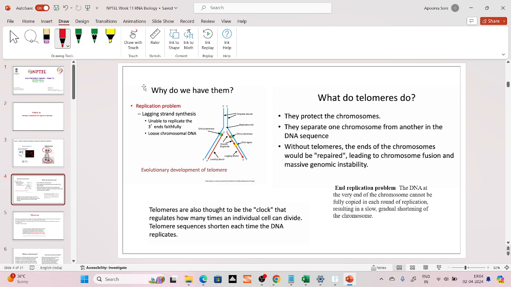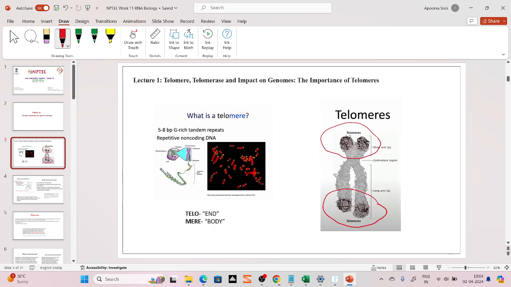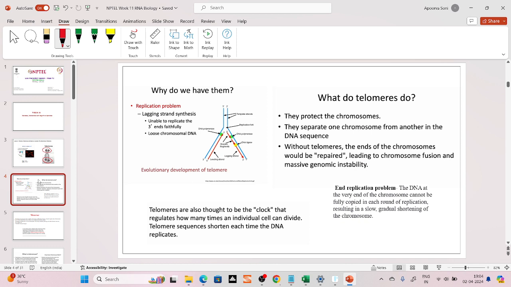And one important thing to understand is that these are non-coding DNAs. That means they do not code for anything. Now when they do not code for anything, the question comes, why are they needed, and why are they present at the end of the chromosomes? To protect the chromosomes.